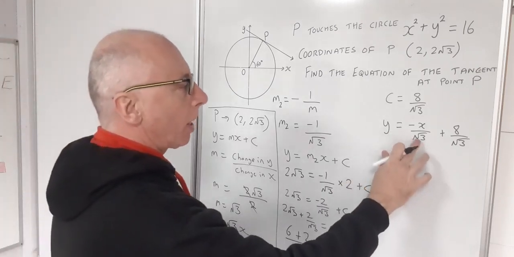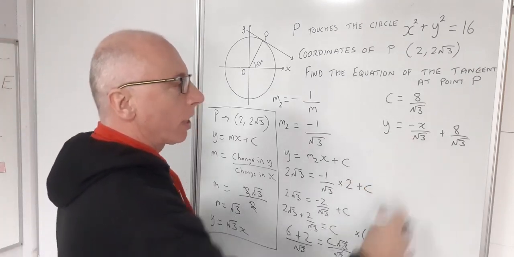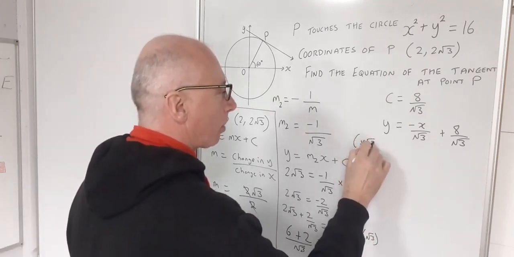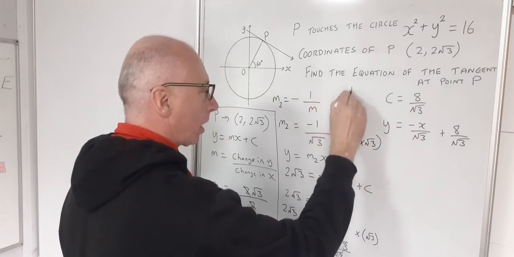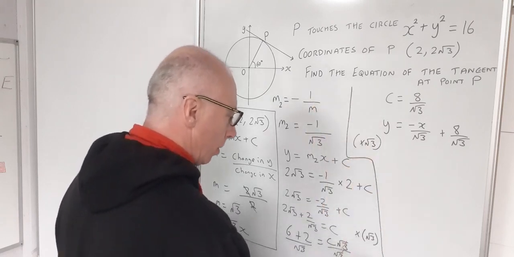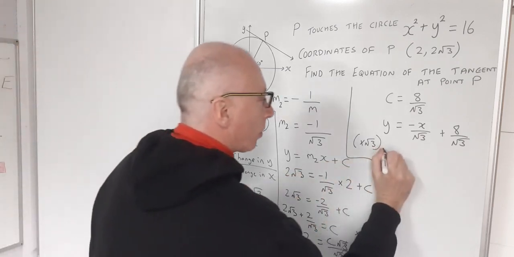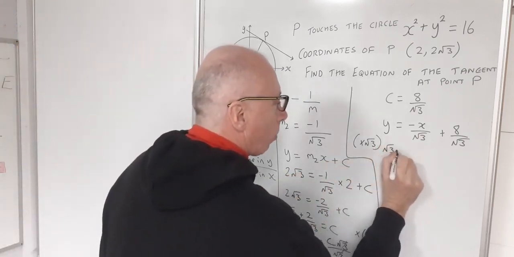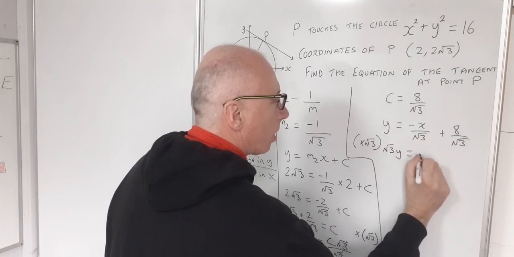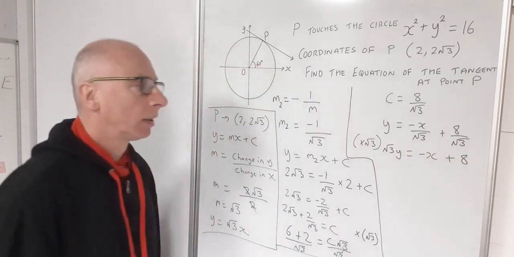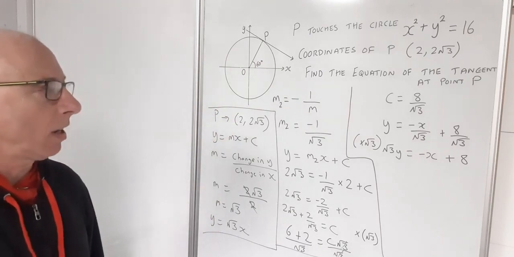So y equals minus x over root 3 plus 8 over root 3. Let's multiply everything by root 3, and let's keep these calculations separate to what we have here. So times all this by root 3. We've got root 3y equals minus x plus 8. So that's what we got there so far.